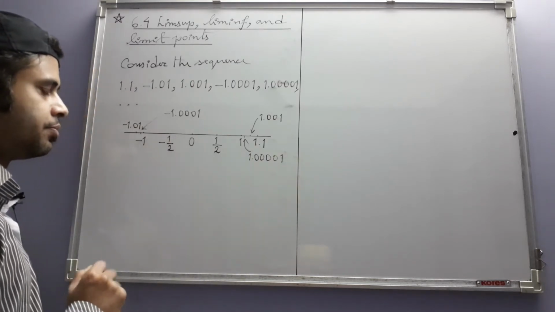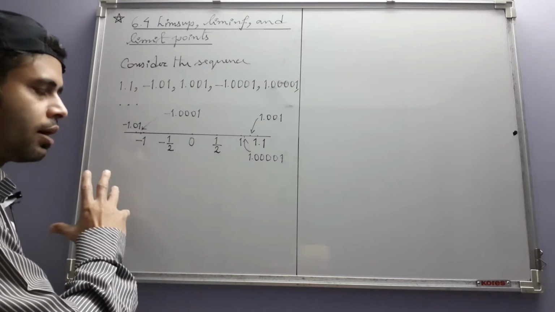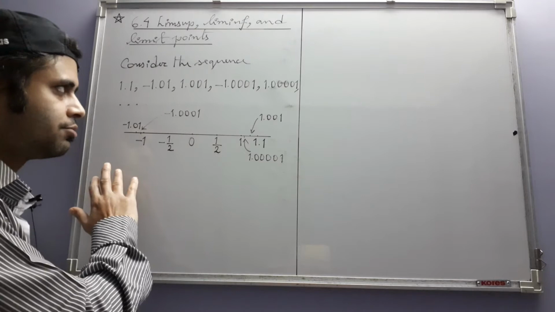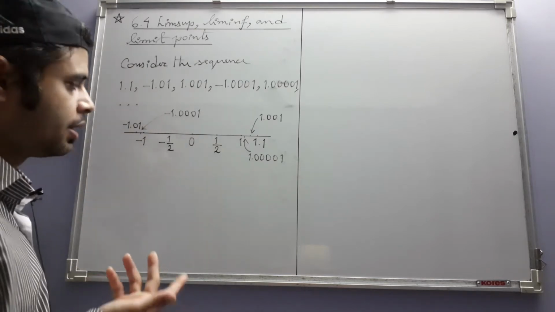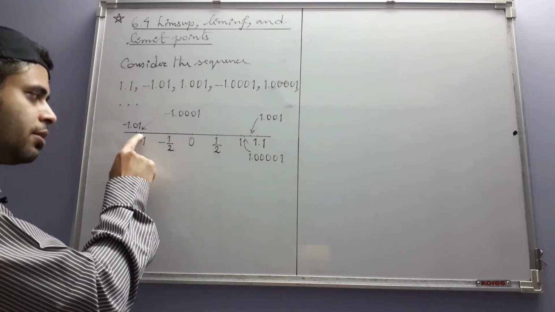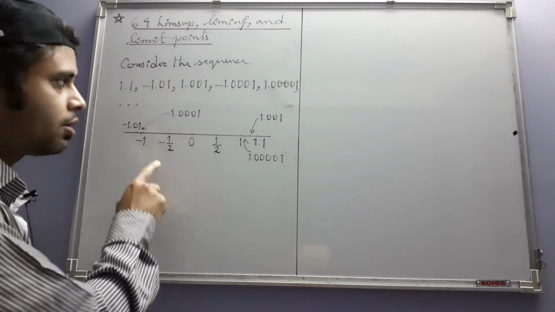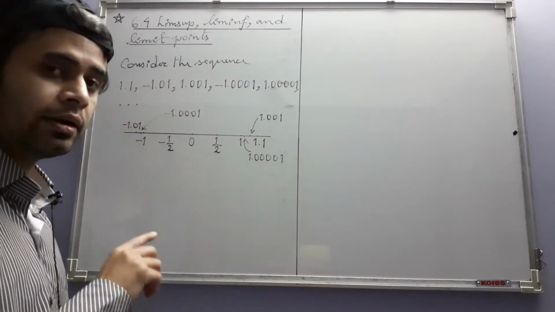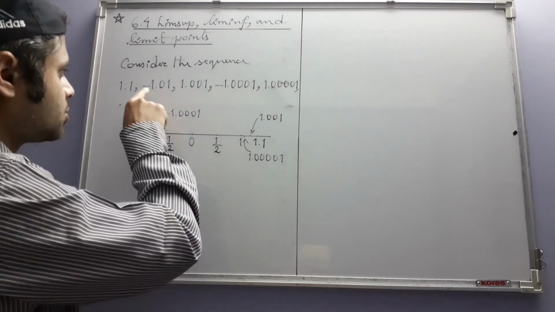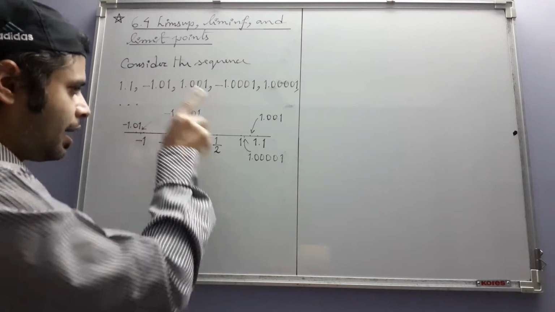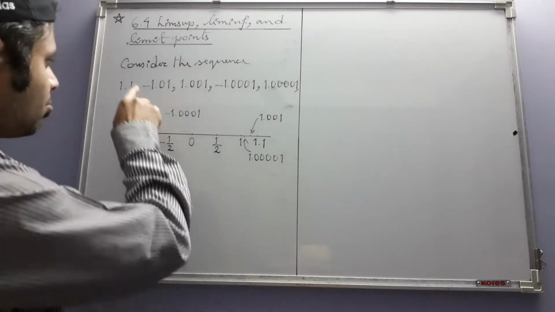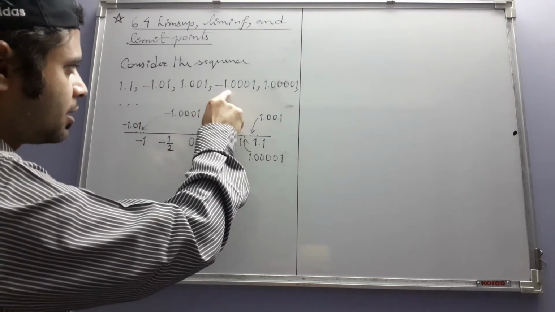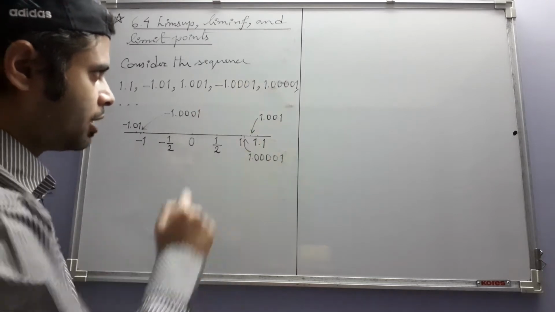Note that half the terms of the sequence lie to the left of 0, they are negative, and in fact to the left of -1, all of the negative terms are actually strictly less than -1, because we have -1 and minus something else, -1 minus 0.01, -1 minus 0.0001.